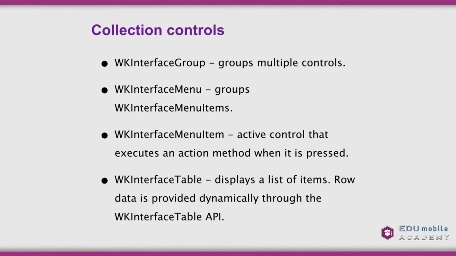And then finally, WKInterfaceTable displays a list of items where the row data is provided dynamically through the WKInterfaceTable API. And in further course units here, we will see tables and maps and groups and menus and menu items and so forth. But for now, in the next demo in this unit, we are only concentrating on a text view and a button and displaying Hello Watch. So I want to give the context for where we're going.